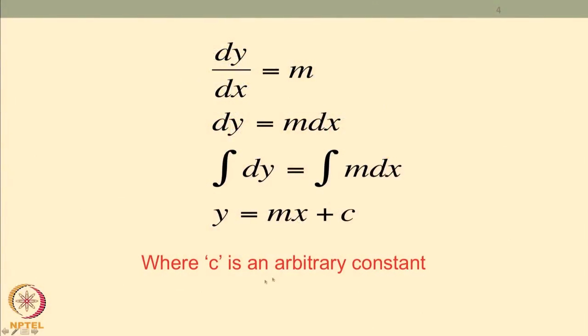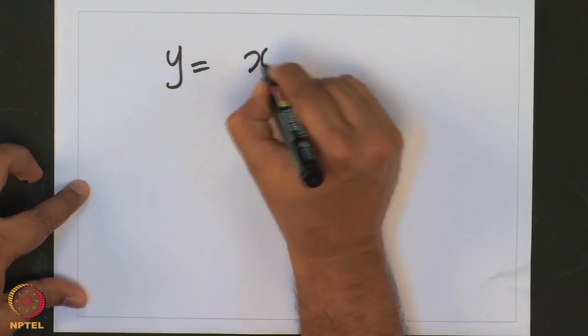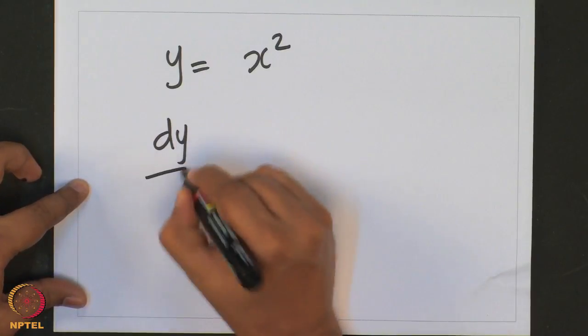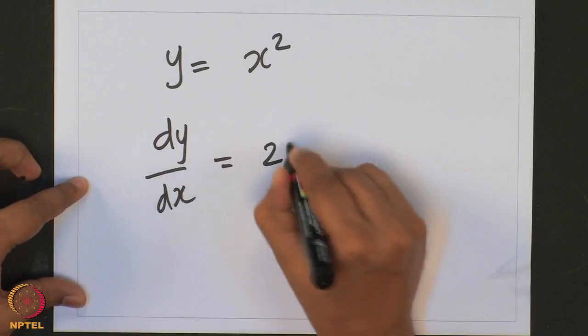In general we got y is equal to mx plus c, where c is an arbitrary constant and m was the slope. Now instead of a straight line, suppose we have a curve, where the slope itself depends on x. We have learned earlier that if our function is x square, then dy by dx is 2x.